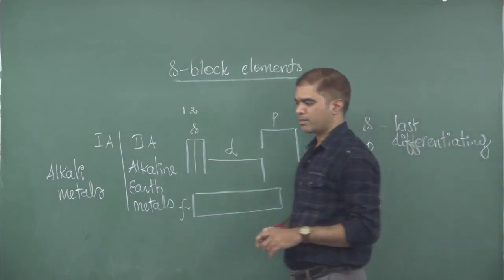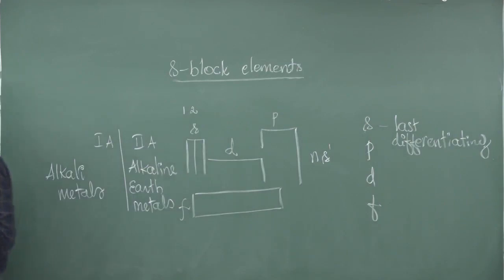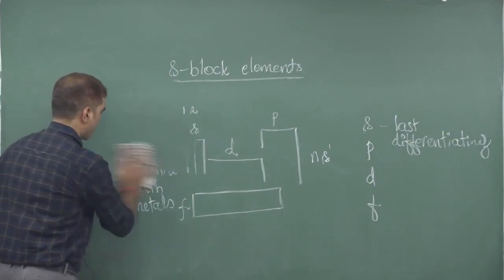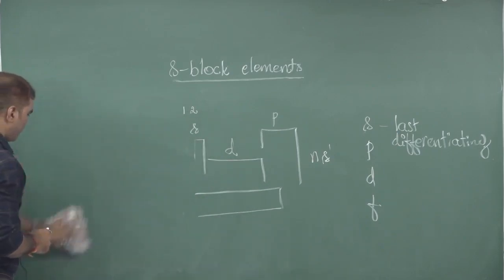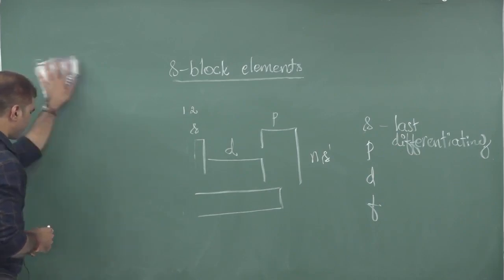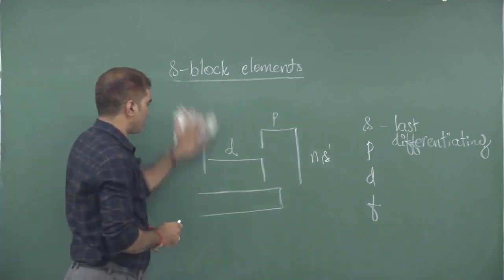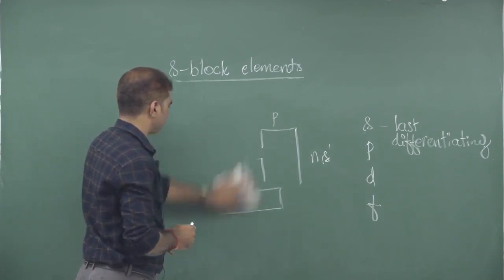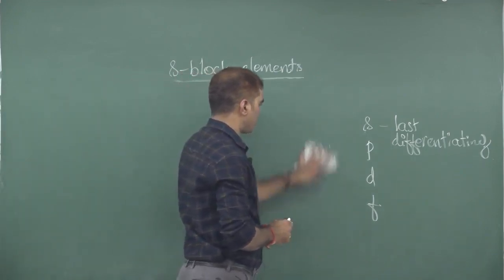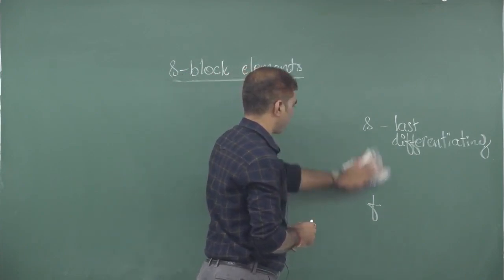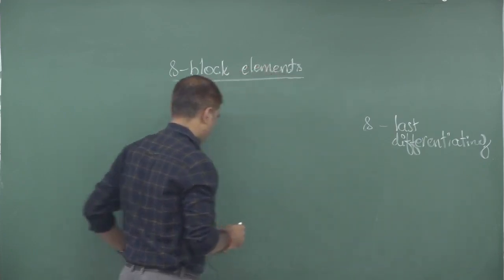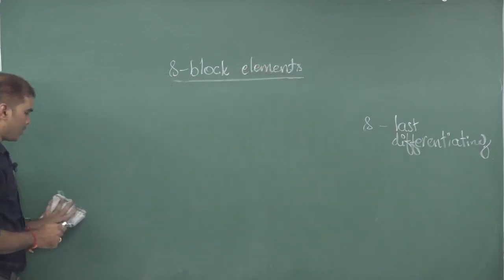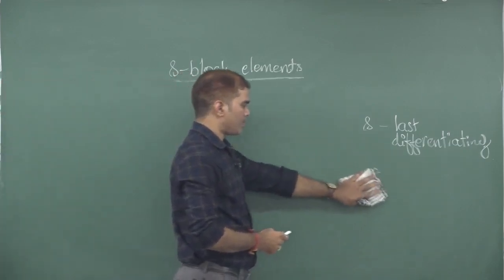The elements in which the differentiating electron enters into the S orbital are called S block elements.